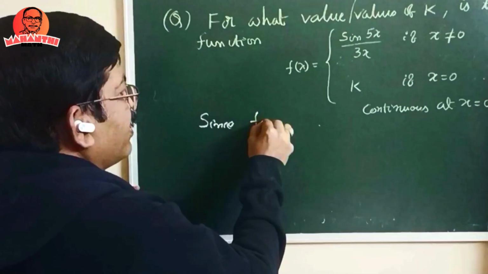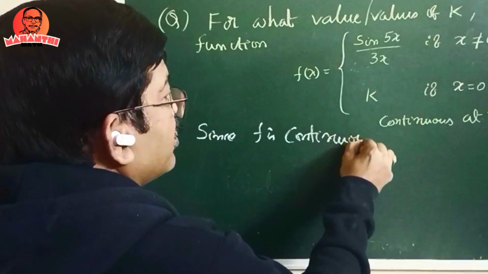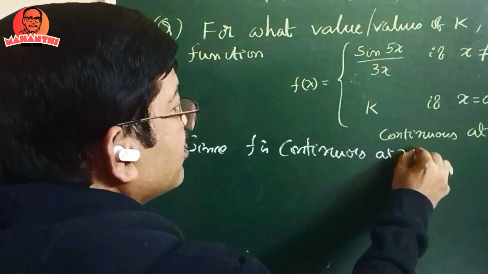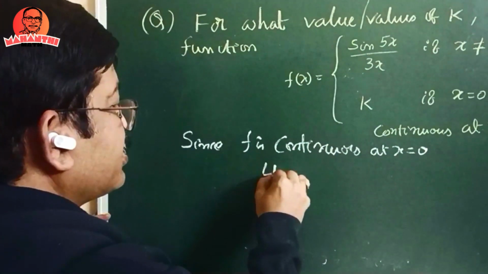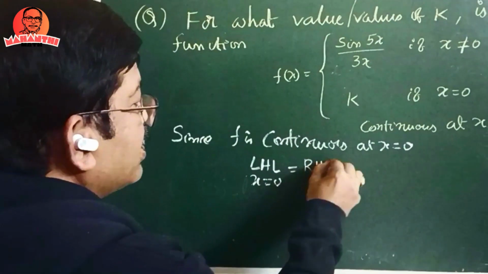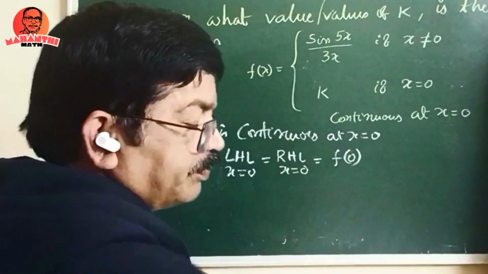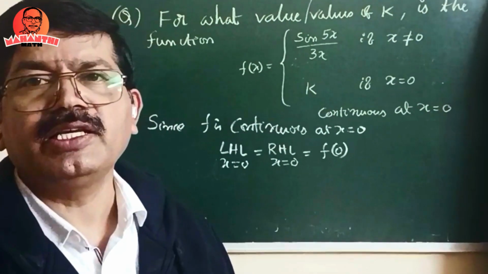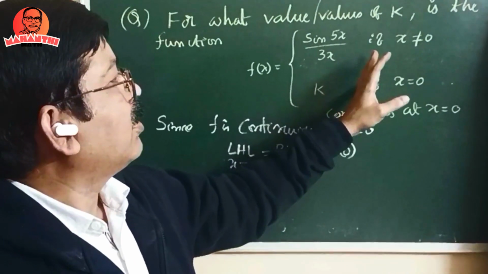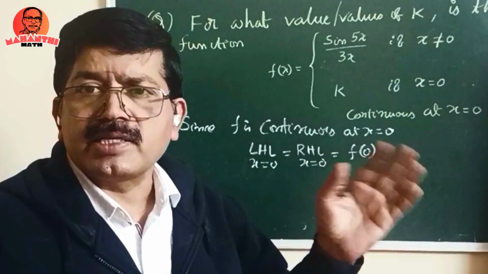Since f is continuous at x equal to 0, LHL at x equal to 0 equals RHL at x equal to 0 equals f of 0. But one thing you see: this function is not defined separately for x less than 0 or x greater than 0.